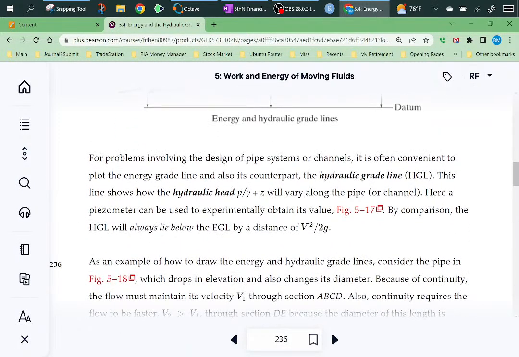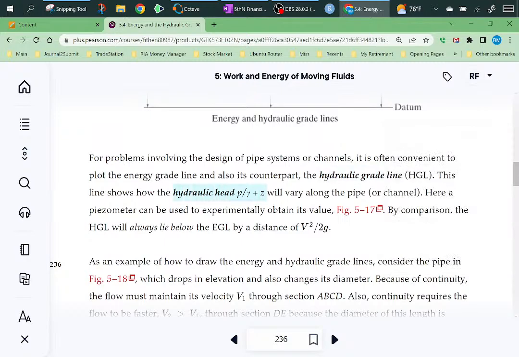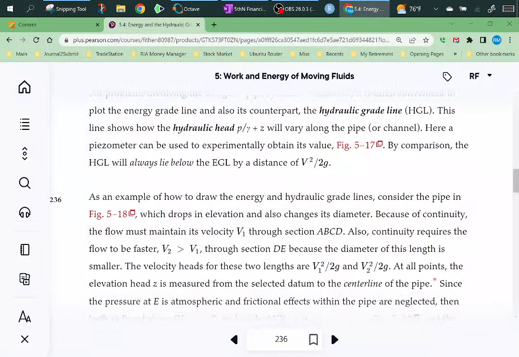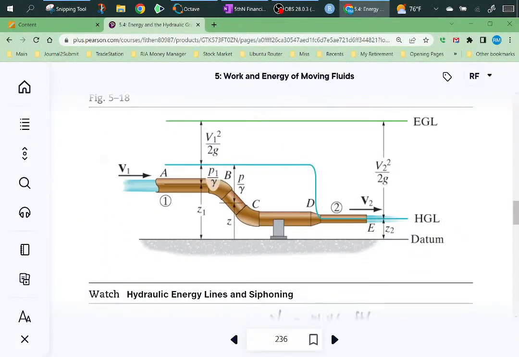It talks about the hydraulic grade line, which is this thing. Let's see. That thing. And then his hydraulic head, which is the term without the velocity. And then he just goes on and okay, so now he's drawing this thing out. So a civil engineer looks at things like this.